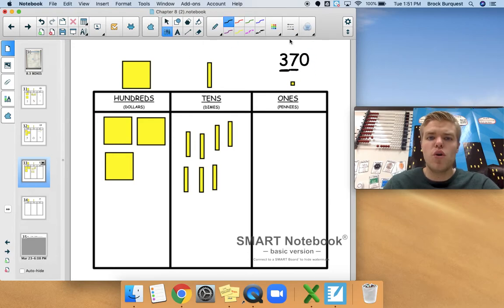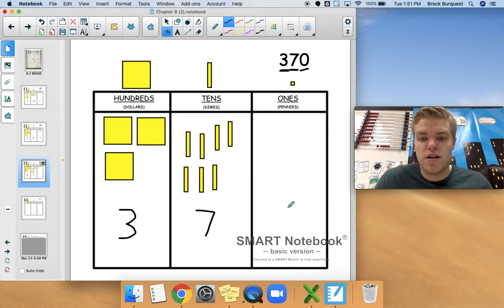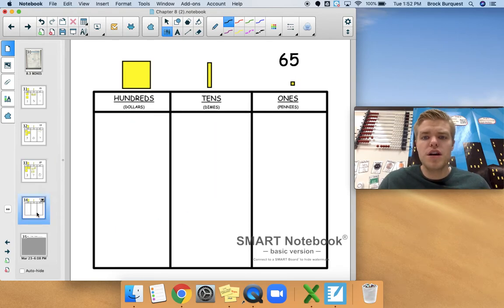Now, how many ones should I move over for my ones spot? 0, right, I wouldn't move any over. Okay, now I have 1, 2, 3, that's 3 hundreds. I have 7 tens, and 7 tens is a different way to say 70. Okay, how many ones do I have? I have 0. So that means my number is 370. Awesome building. Let's look at our last one.